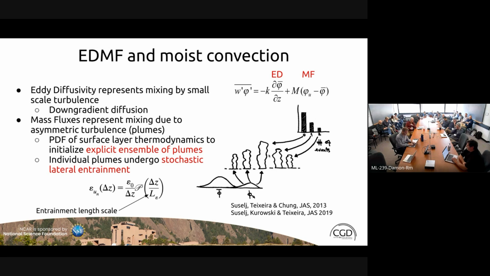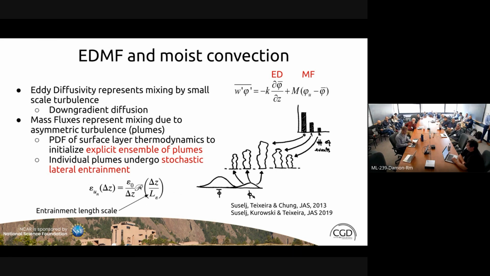We initialize the mass fluxes by constructing a PDF near the surface of thermodynamic and vertical velocities, then sample from that PDF at the surface to come up with an explicit ensemble of plumes. And each one of these plumes is using a stochastic lateral entrainment rate, which is given by this formula here for the fractional entrainment. Effectively, this squiggly P here is a Poisson distribution.